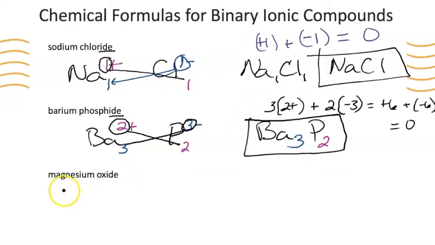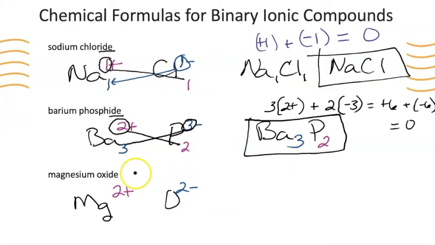Let's look at our next example of magnesium oxide. Magnesium is in group 2, so we have a 2 positive charge. Oxide, or oxygen, is in group 16. It wants to gain 2 more valence electrons, which would give it an overall 2 negative charge.